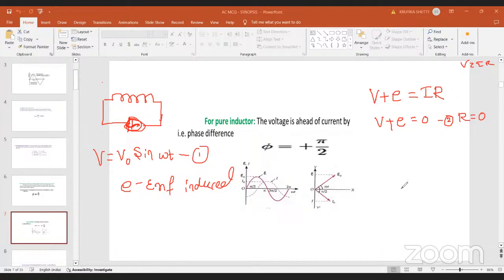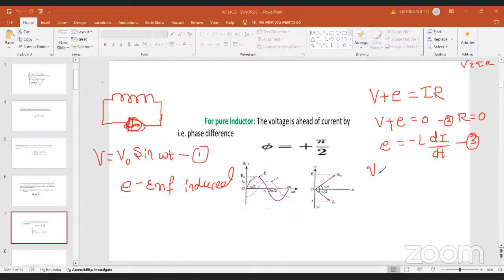Then according to self-inductance, the EMF is equal to minus L di by dt. You may remember in the last chapter, when we derived the expression for self-inductance, E is equal to minus L di by dt, where di by dt is the rate of change of current, equation 3. So let me substitute 3 in equation 2.